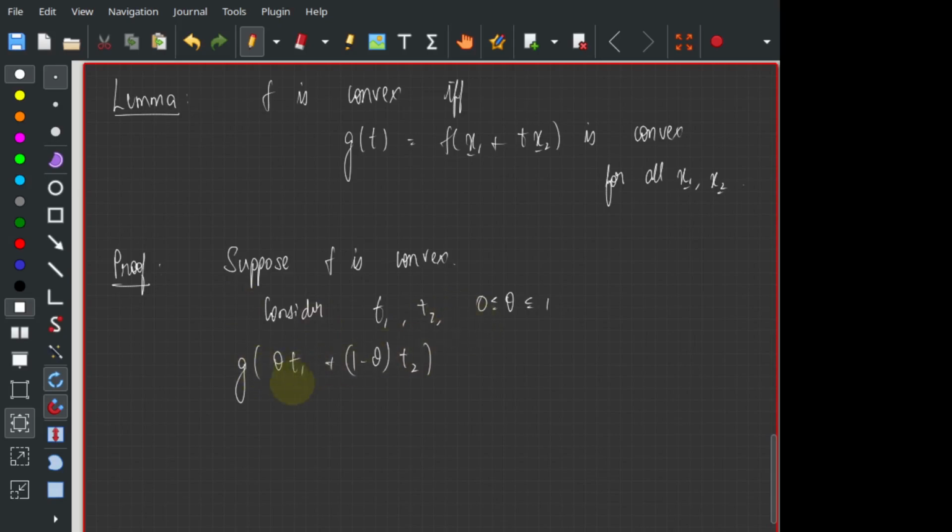Okay, so let's write this out explicitly. What is this equal to? This is f of x1 plus theta t1 plus 1 minus theta t2 times x2.